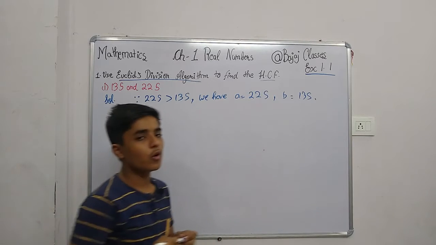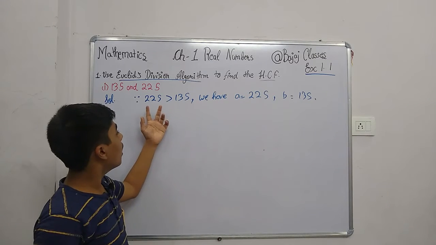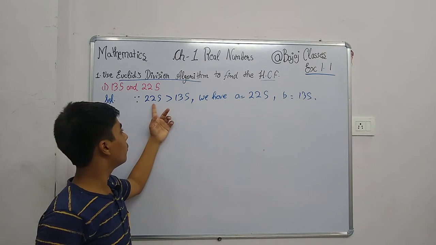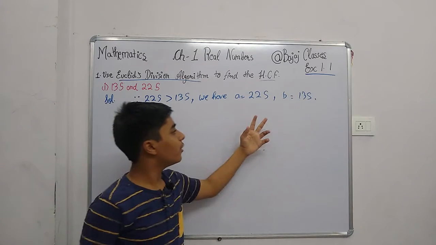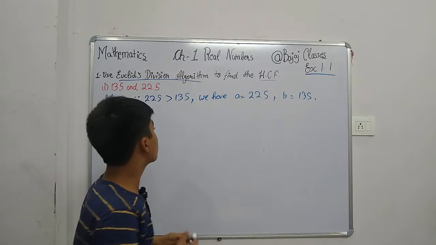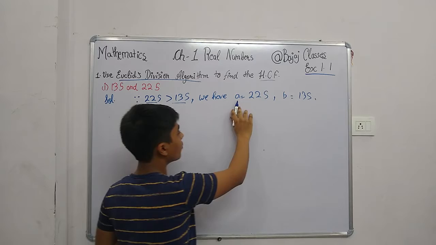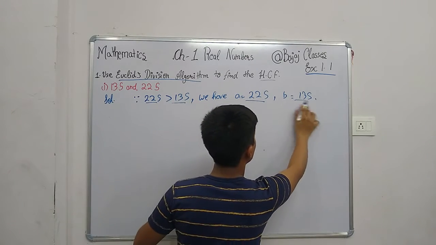This is the main thing you have to always remember: A will always be the greater value and B will always be the smaller value. So the greater value is 225 and the smaller value is 135. So A will be 225, B equals 135.